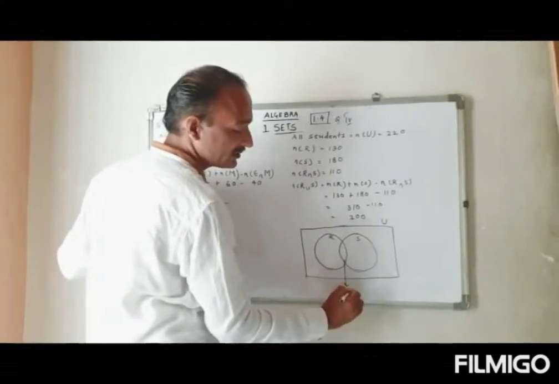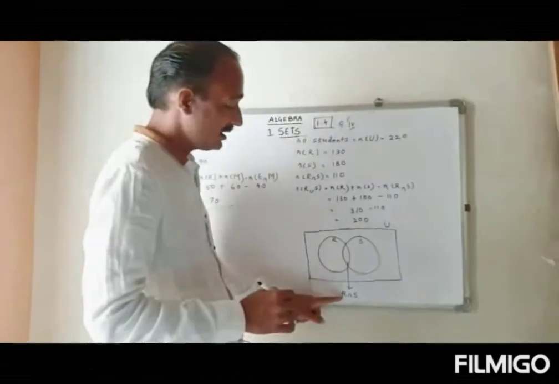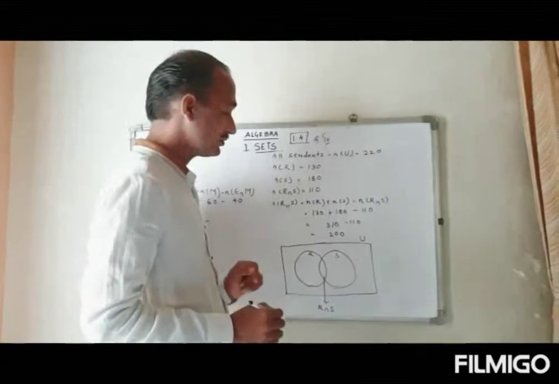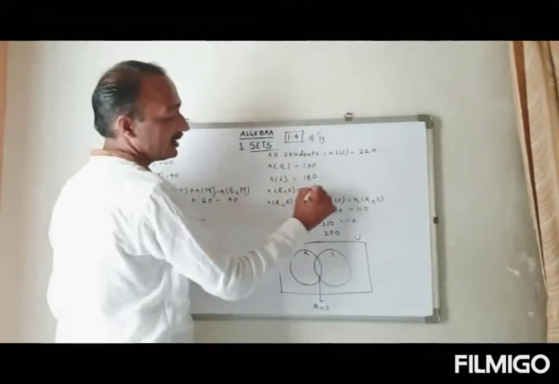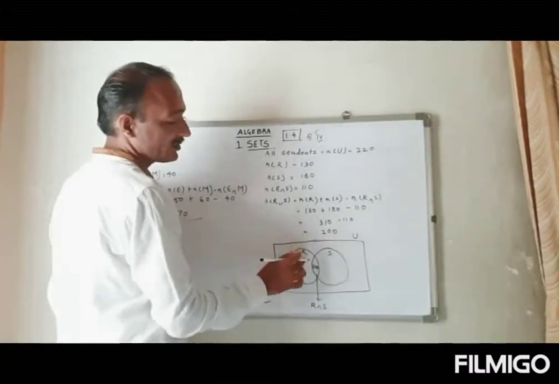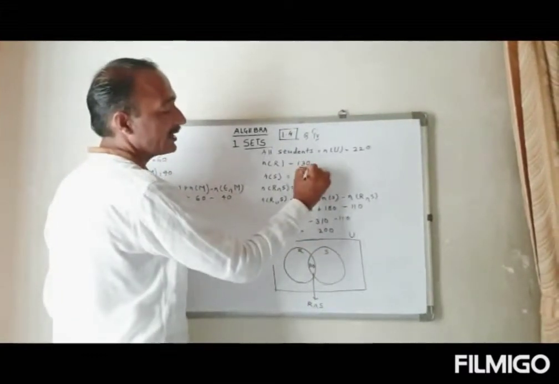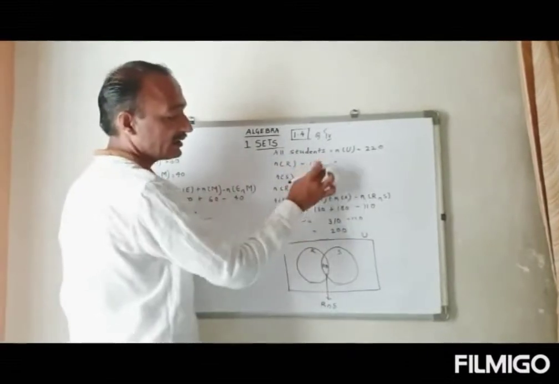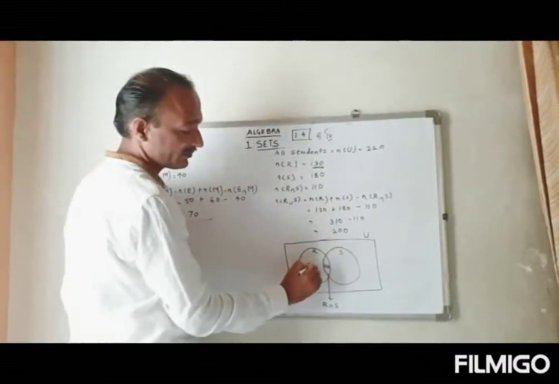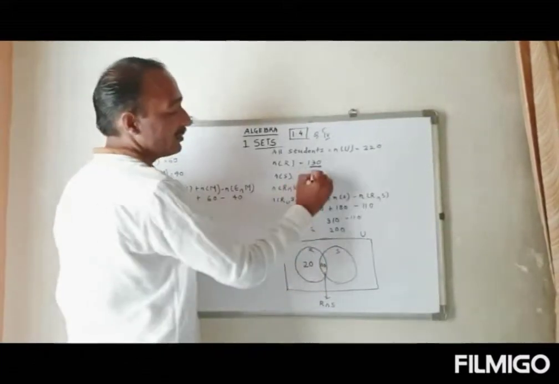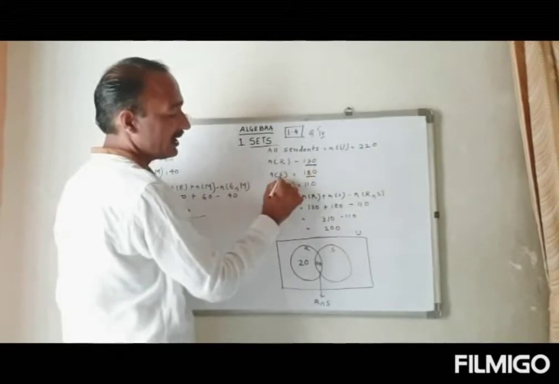The intersection is the students who like rock climbing and sky watching both. Total are 110. Now, a total of 130 students like rock climbing. So 130 minus 110 is 20 students who like only rock climbing.